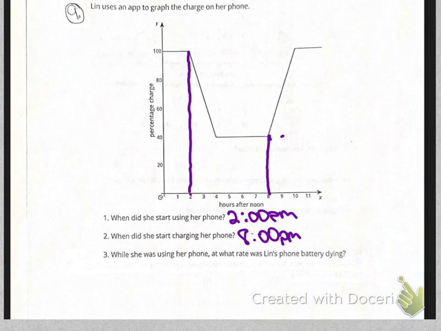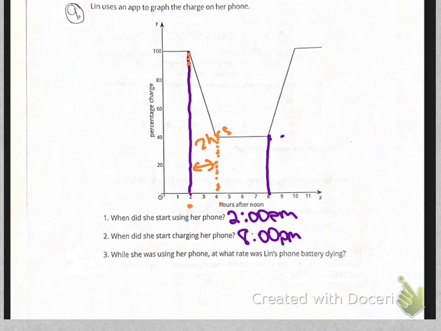Then it says, while she was using her phone, at what rate was Lynn's phone battery dying? So here's where she starts using her phone. She starts using it at 2 o'clock. It goes constant at 4. So this is how long she used her phone, because the battery didn't change after that. 2 to 4, that is 2 hours. So she used her phone for 2 hours.